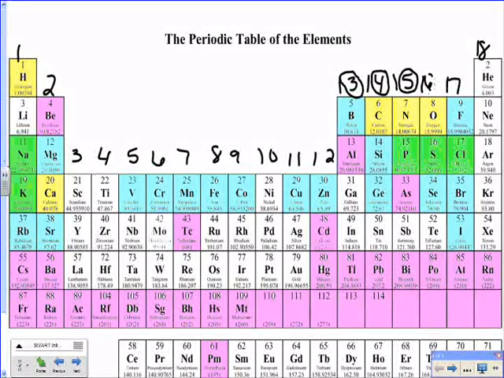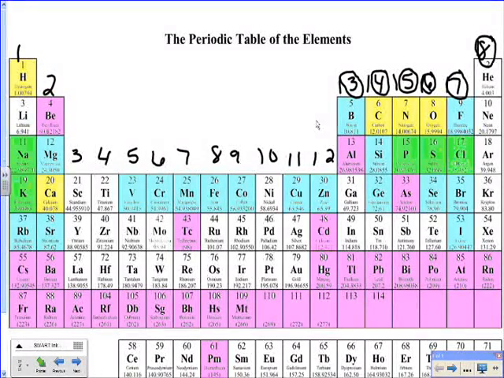Oxygen's column, there's 6 valence electrons. Fluorine's column is 7 valence electrons. And then over here, the very last column, they have 8 valence electrons. And so you use the second number. So it's basically saying like 1, 2, 3, 4, 5, 6, 7, 8. So these tell you how many valence electrons each group has.